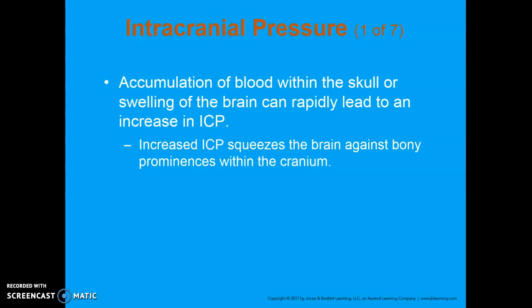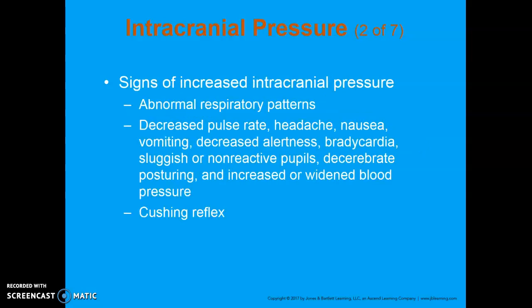So your brainstem ends up trying to come out the foramen magnum, and that's where all of your control centers are for all of your vital functions. And so it oftentimes ends up that there's going to be some sort of long-term deficit, if not death.